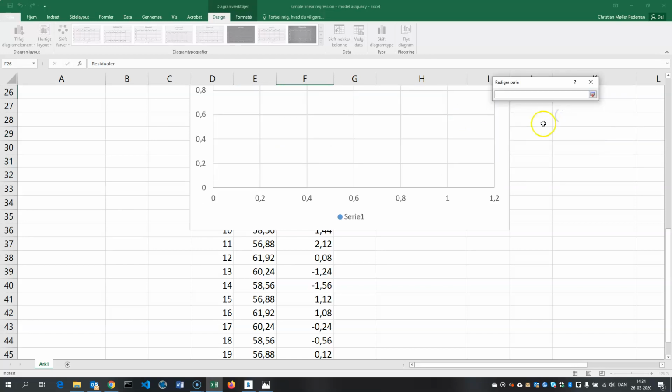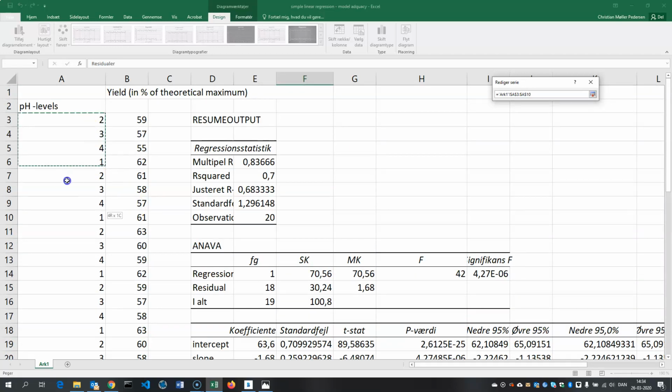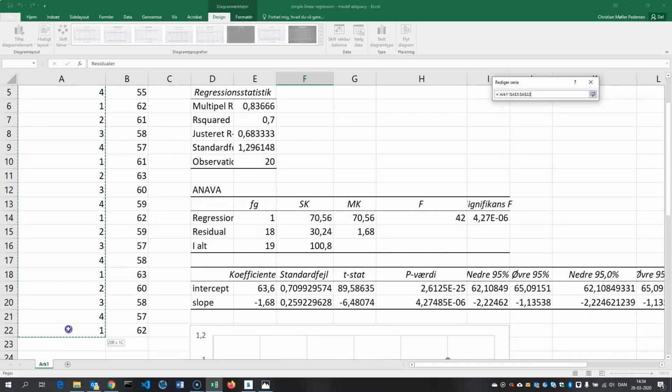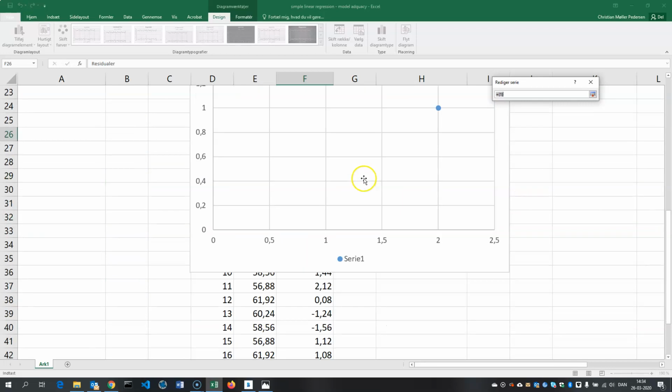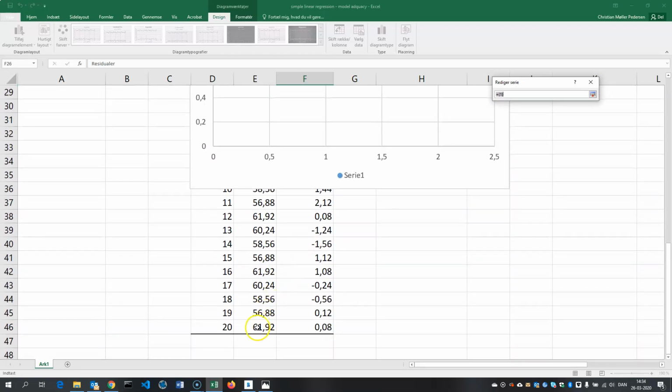The x values of my residual plot, well, I'll choose the pH values here, and the y values should be the residuals. I hope I can select them here.